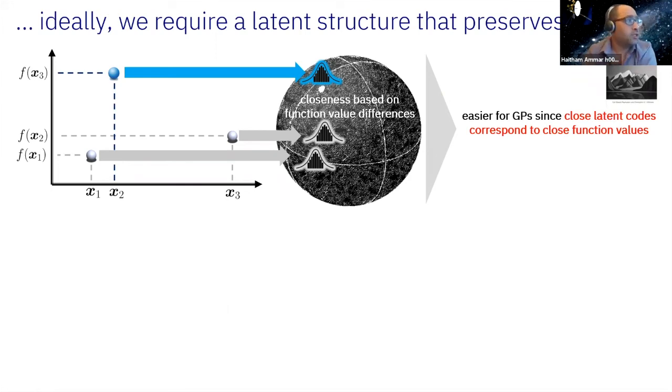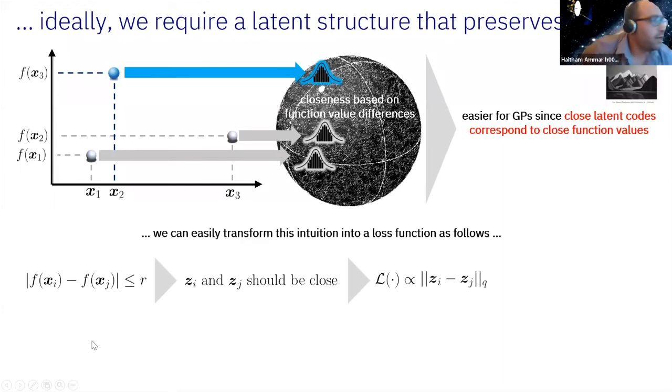So effectively what I was trying to say is, if, for example, xi and xj are close to each other, then I want their latent codes to be close. And therefore I can penalize based on the distance in the z value. So if the z values are very close and the function values are close, I don't get penalized, which is good. But if the z values are far and the function values are close, I will get penalized.